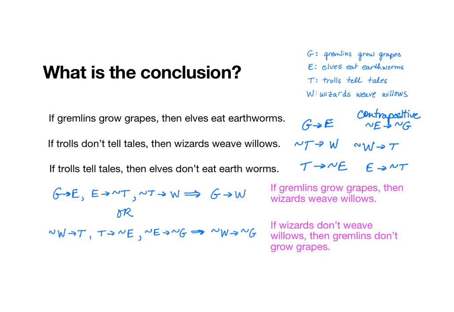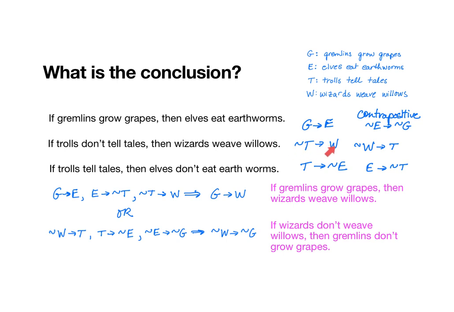So when I did this, I wrote it out symbolically, and then I wrote the contrapositive for each. So if gremlins grow grapes, then elves eat earthworms. So G implies E. The contrapositive is not E implies not G, because these are logically equivalent. If trolls don't tell tales, then wizards weave willows.